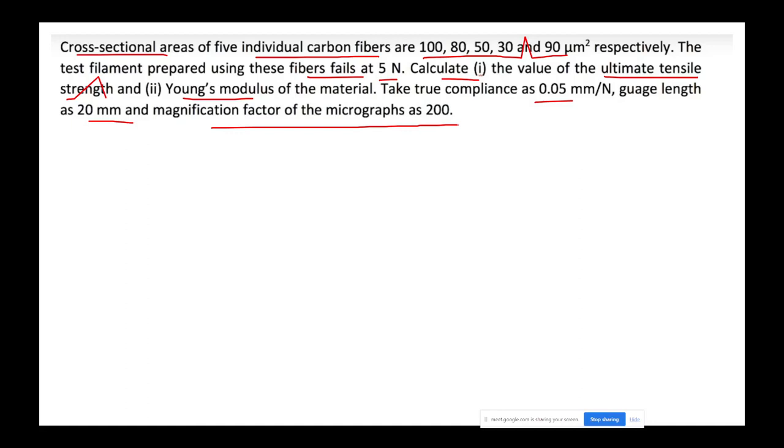They have given the cross-sectional areas of the carbon fibers, so you write here, given that AF is the cross-sectional area: 100, 80, 50, 30, 90 micrometer square respectively.